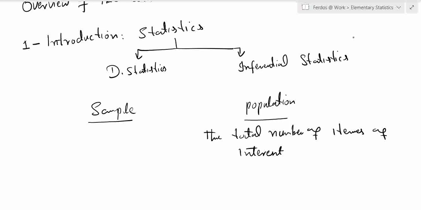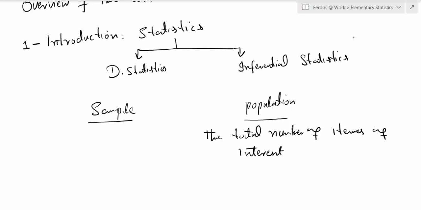Sample is the small portion or a sub part of the population. So whatever is your population, maybe the number of men whose average height you are interested in, then a specific number of men is your sample. And if you have another population like the number of students of tourism and hospitality management, then you can choose some specific number of students from this population, that is a sample.